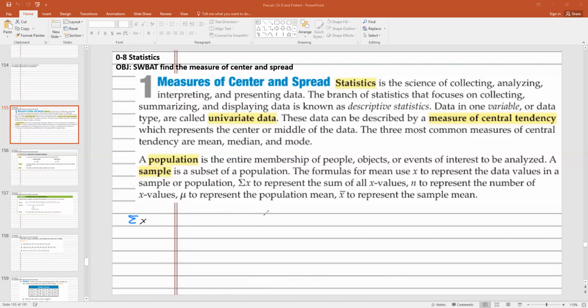And n is the number of values. So how many data points do you have?